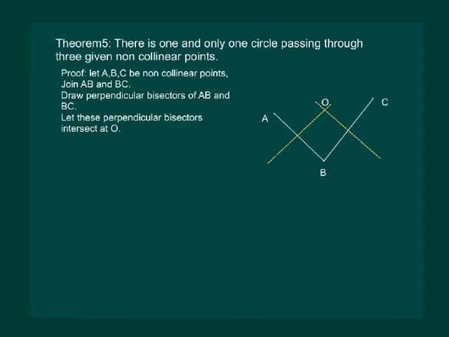Now, as we know that every point on the perpendicular bisector of a line is equidistant from its endpoints, all the points on the perpendicular bisector of AB will be equidistant, and since O lies on the perpendicular bisector of line AB, OA is equal to OB.